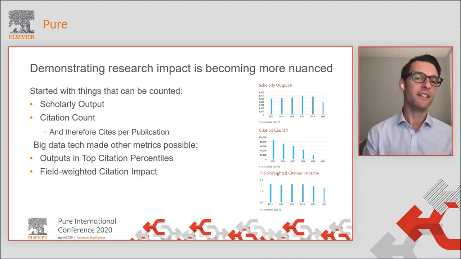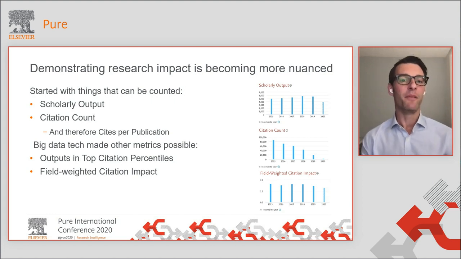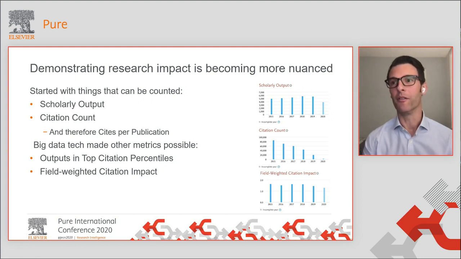But now with big data technology, which is what SciVal runs under, it makes other metrics possible, things like outputs in top citation percentiles, field weighted metrics. And so it allows more nuance into the metrics which are used and the kind of stories that can be brought as a result of these metrics.